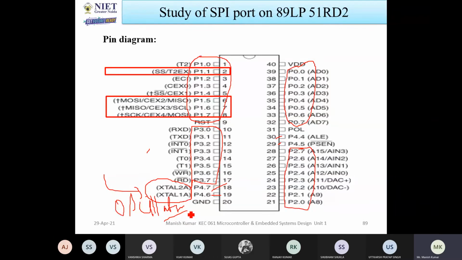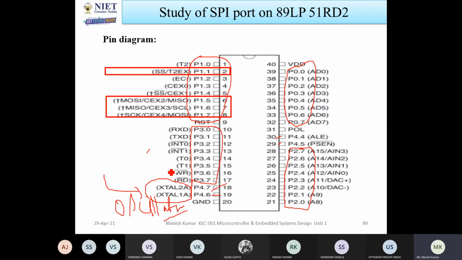You can see in this pin diagram, every pin has more than one function, except port 4. But in the general 8051 pin diagram, some particular pins are used for 2 or 3 applications. Otherwise, the rest are used for general input output.